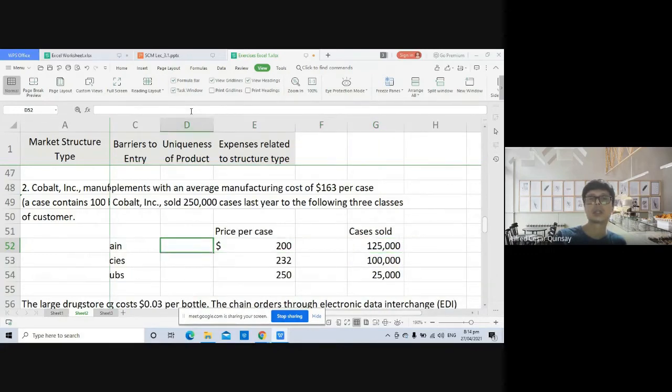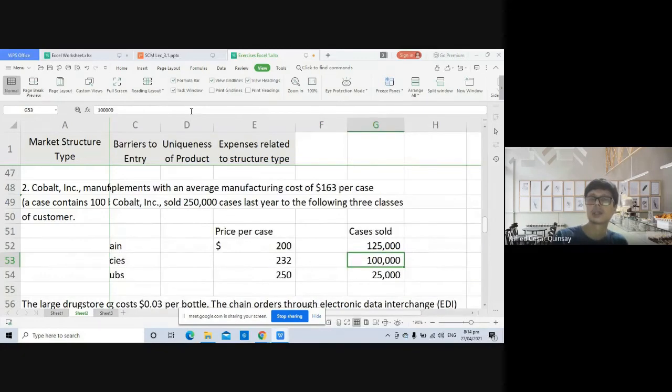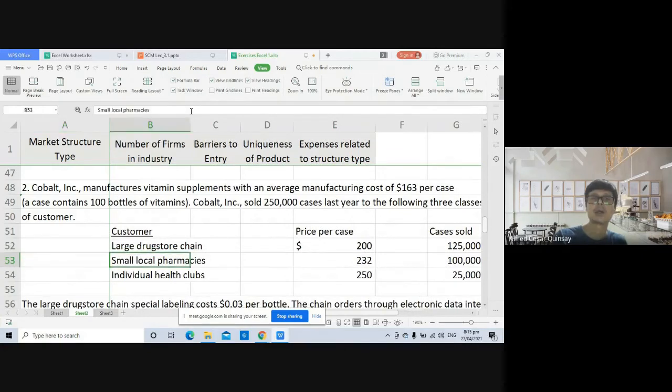Yung next na segmented customer niya is yung mga small local pharmaceutical. Ito yung mga nandun sa mga mini mart, yung mga butika na maliliit. So mga $232 and 100,000 yung nabenta. And yung last one naman, individual health clubs.